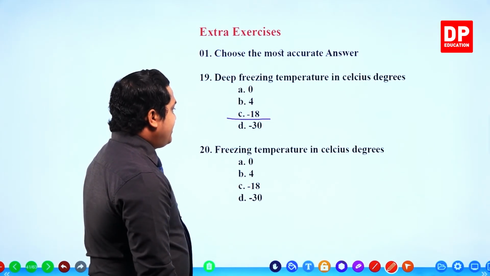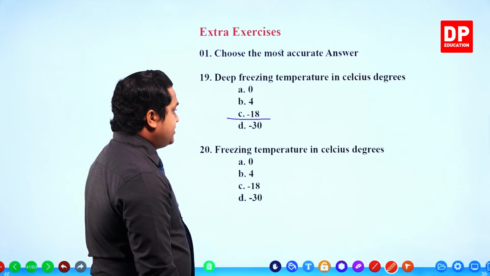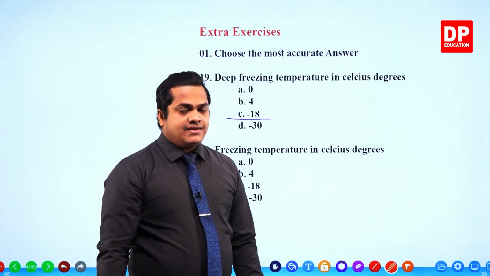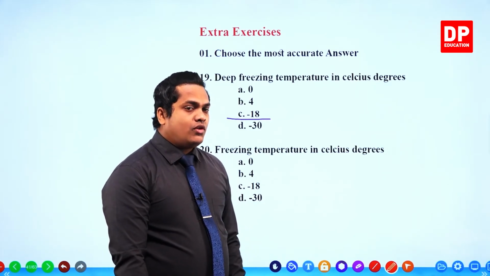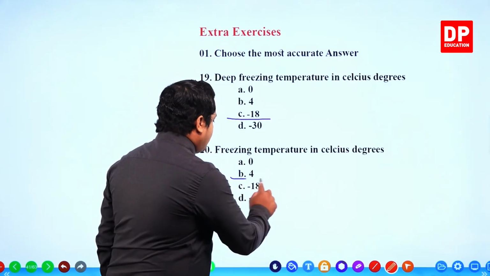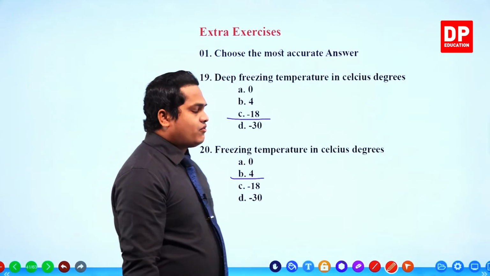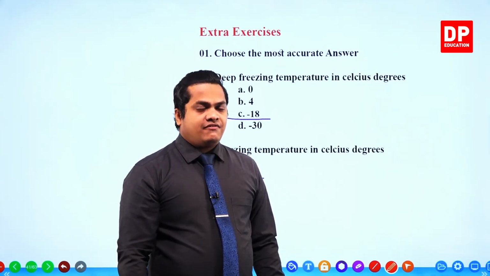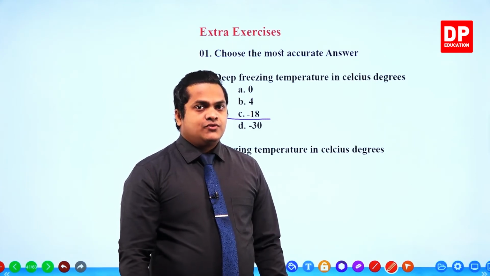Next one, freezing temperature in Celsius degrees. Freezing temperature is around 4 degrees Celsius, my dear children. For vegetables and fruits, we use this freezing process. For meat and fish and sausages, we use deep freezing.